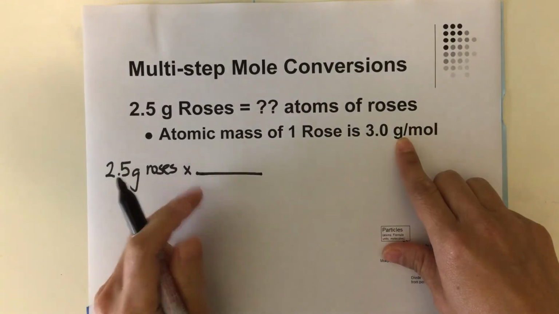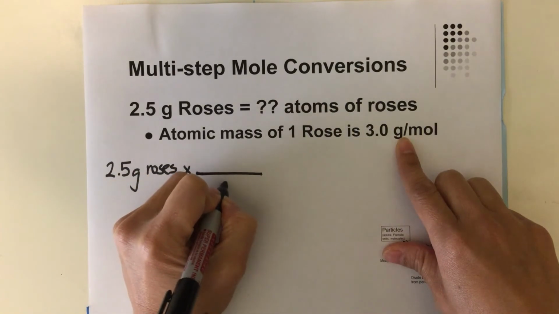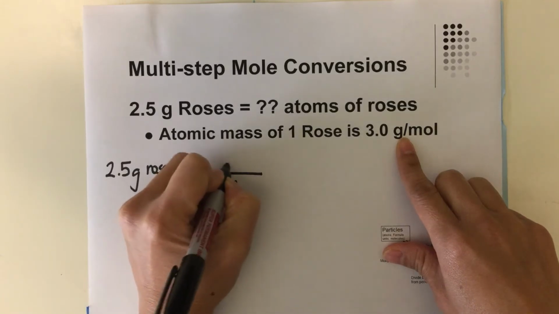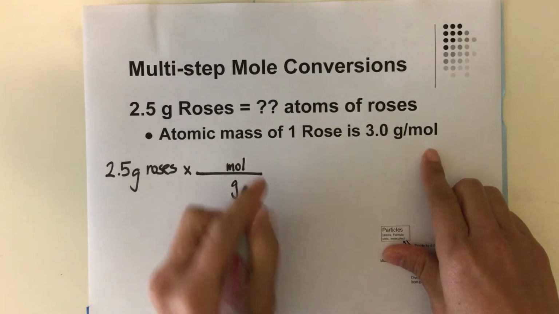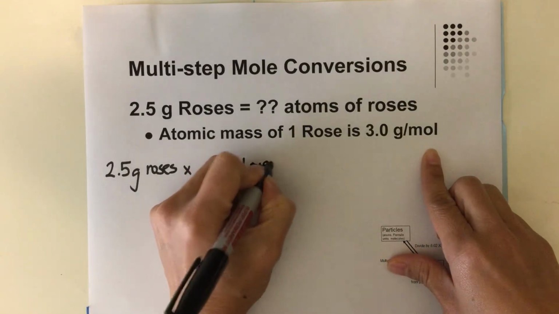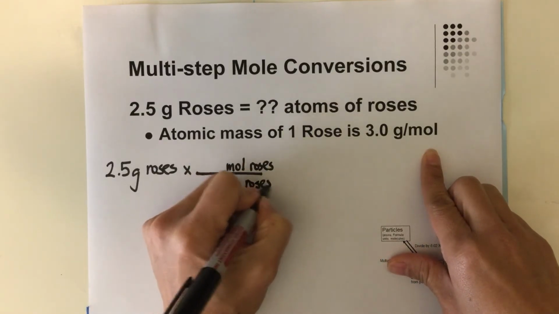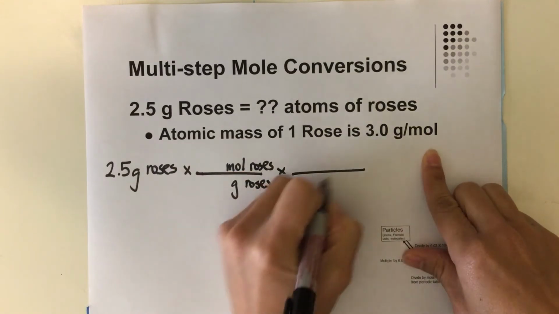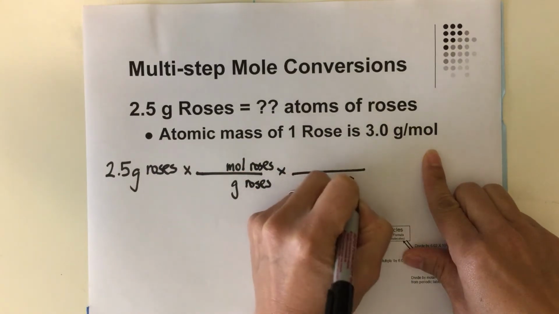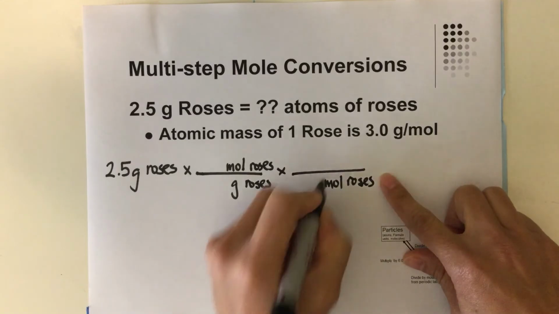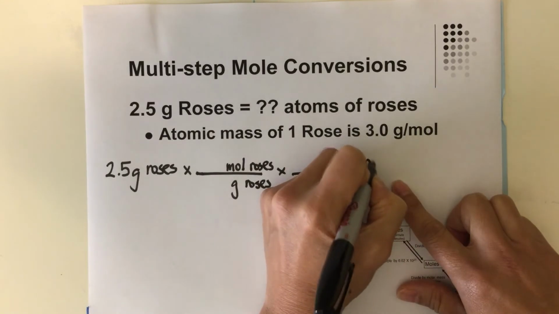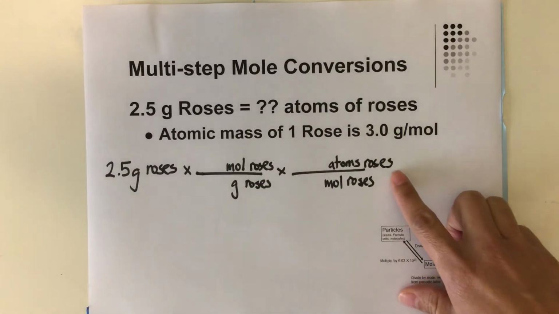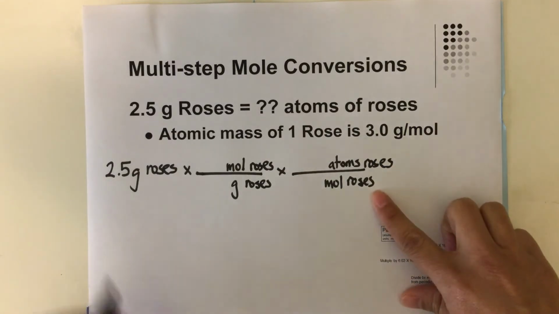Remember the mole bridge. So we start off with grams on the bottom and moles on the top, and this is the molar mass. So we have numbers we know we're going to put in, labeling everything. Then we go from moles of roses to atoms of roses from there, and we're assuming that roses are single elements, okay?